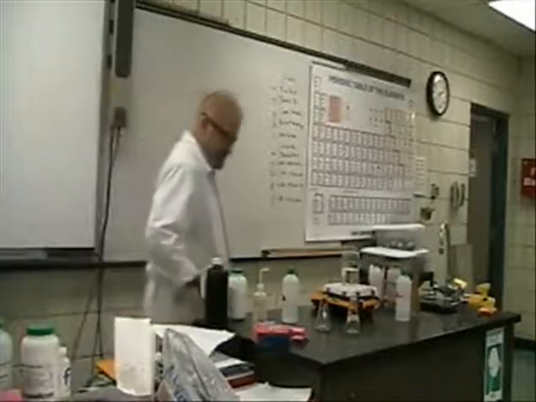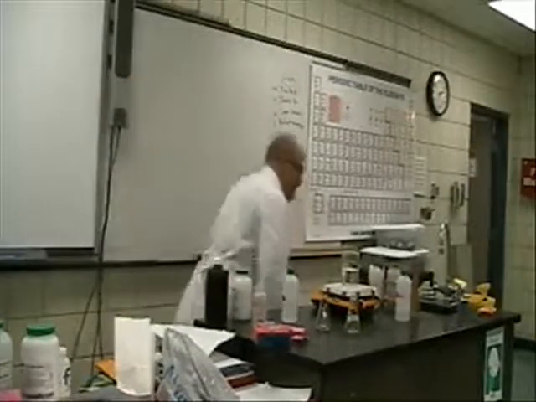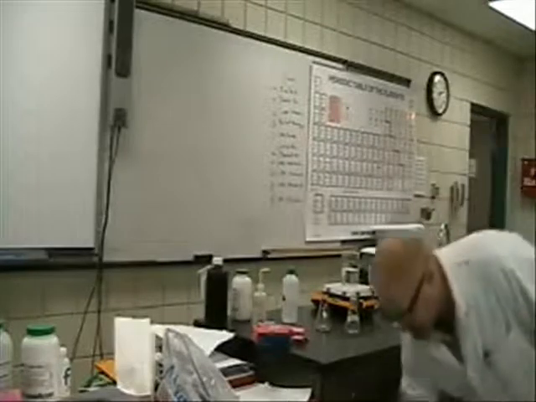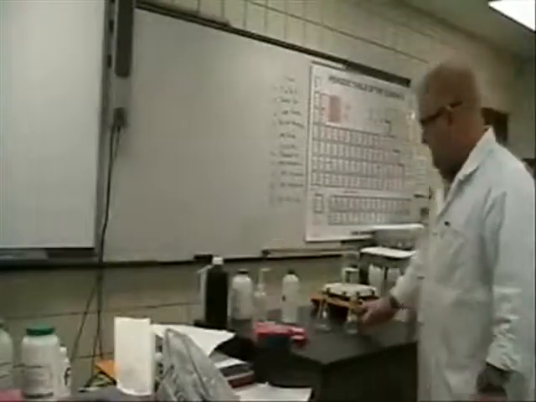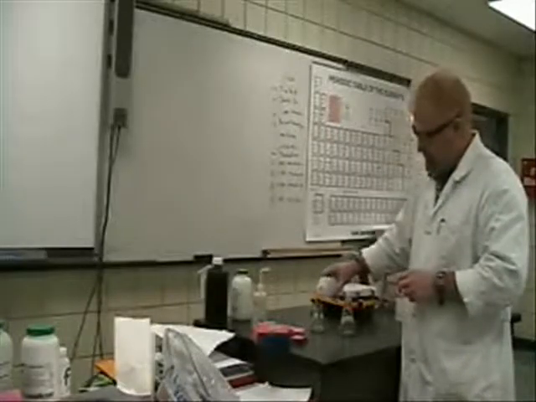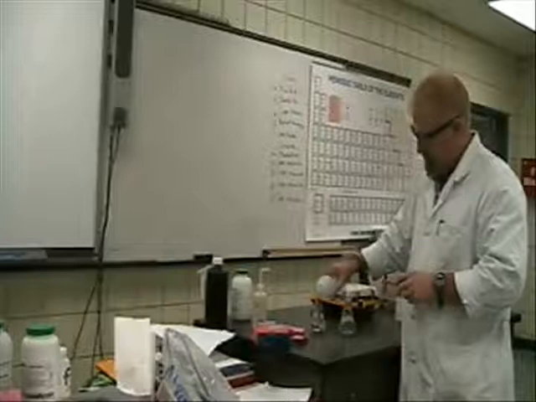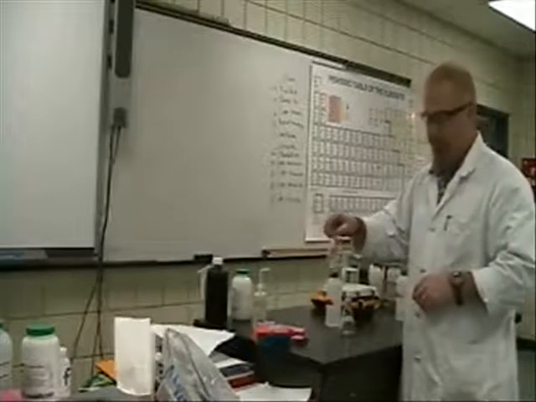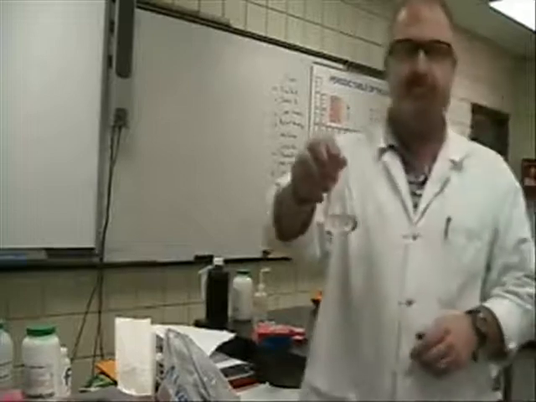And now, come around the other side of the table. I'm actually going to flip this over. I'm going to put some hydrochloric acid into this one. Swirl it around and we can look at the reaction that happens.